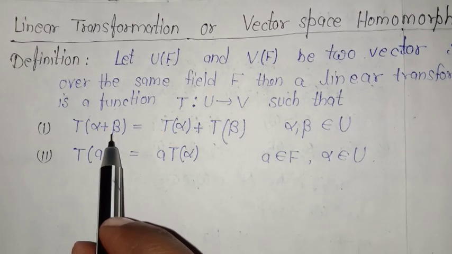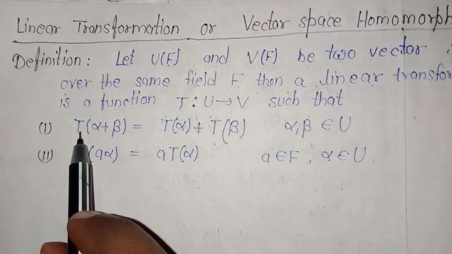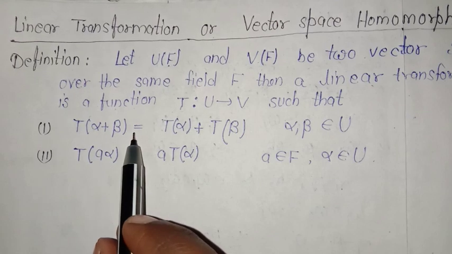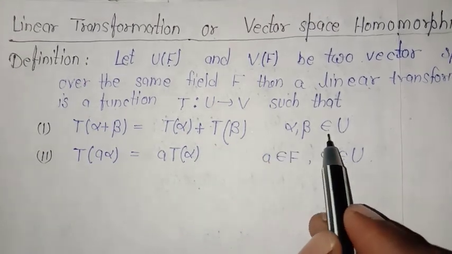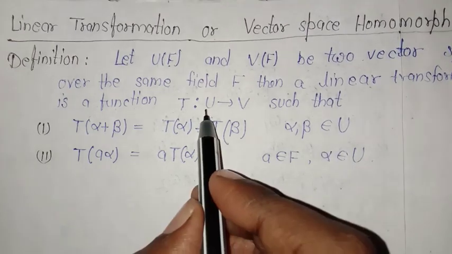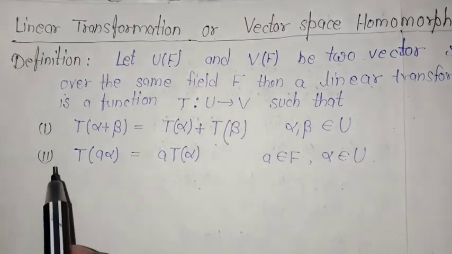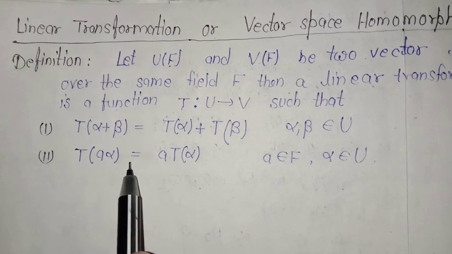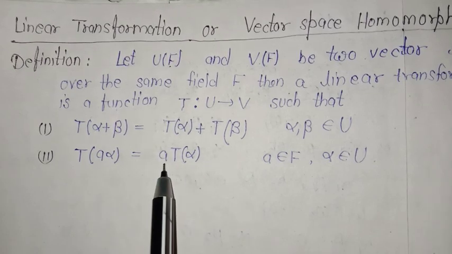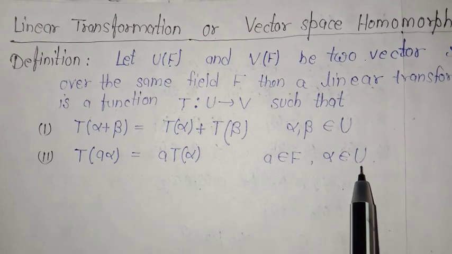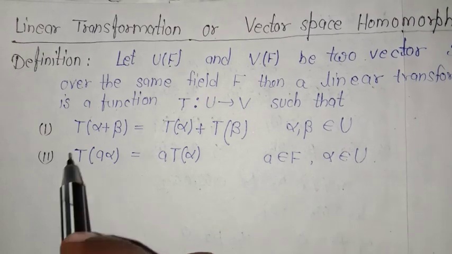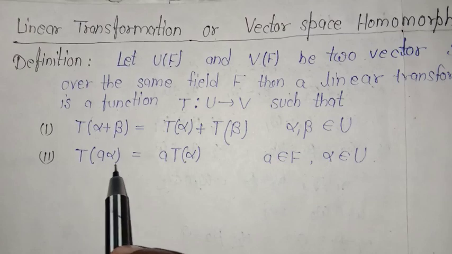That is, we are taking the vector addition and applying the function T over the vector addition, then we get T of alpha plus T of beta, where alpha, beta are the elements from the first space, that is the vector space U, and T of a alpha equals a times T of alpha, where a is a scalar coming from the field F and alpha is a vector from the vector space U. So this is nothing but vector addition and scalar multiplication.